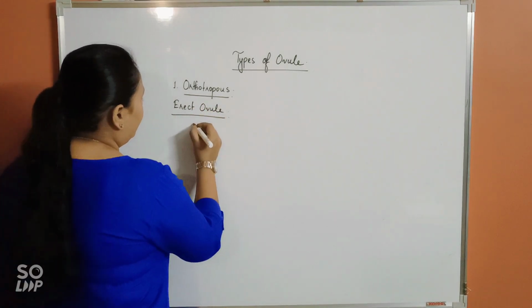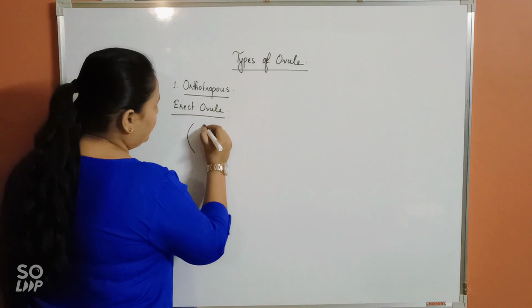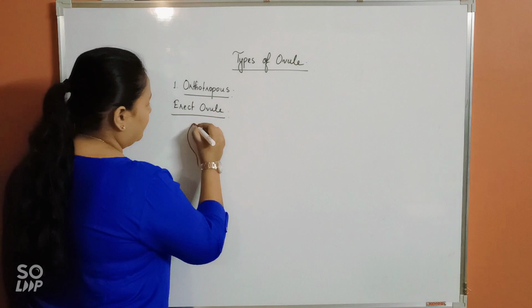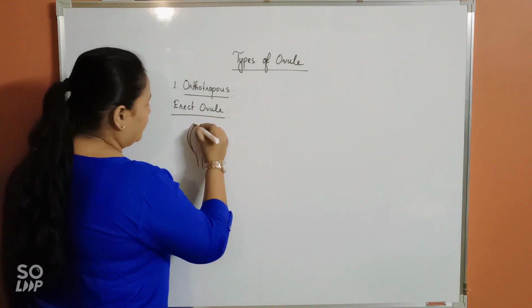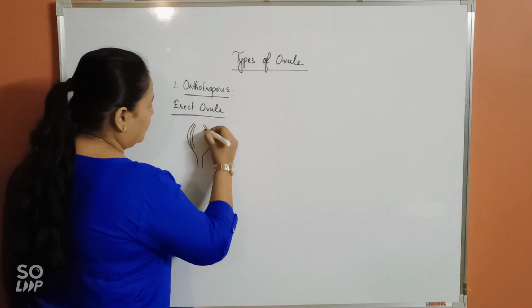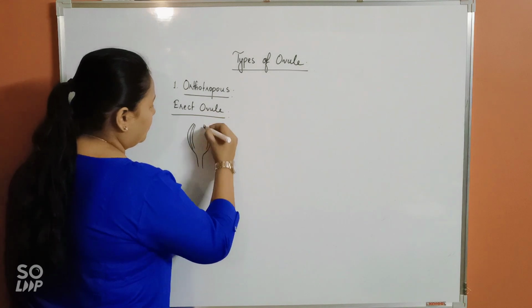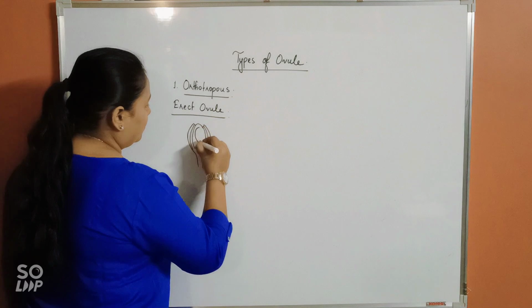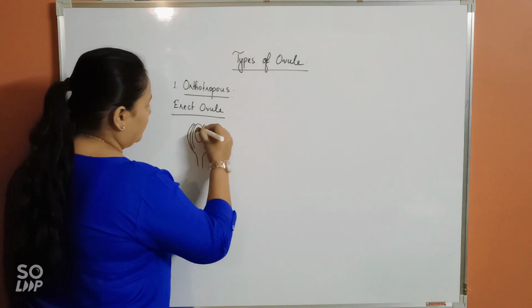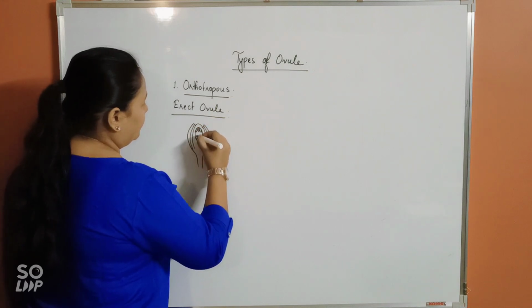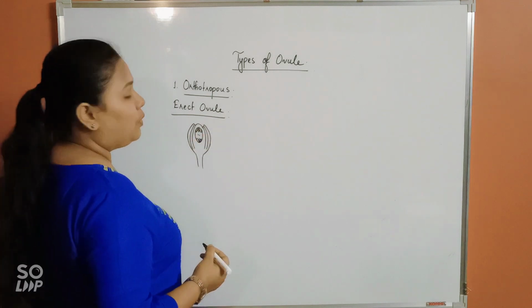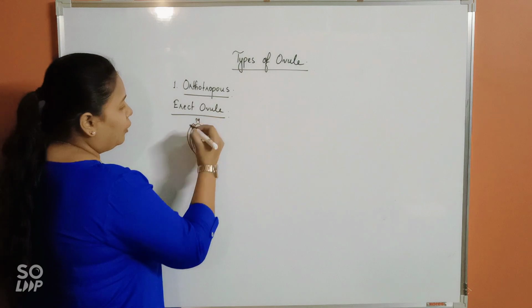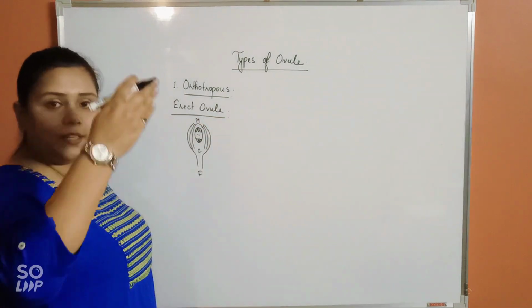Alright, here the structure is going to be as such. So as you can see, funicle, chalaza and micropyle are in a straight line.